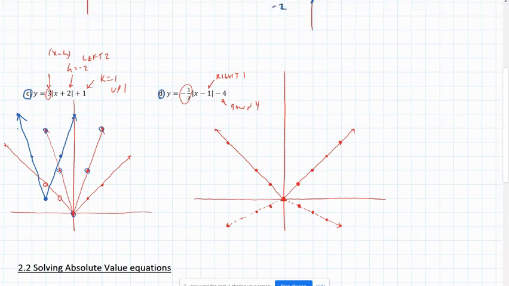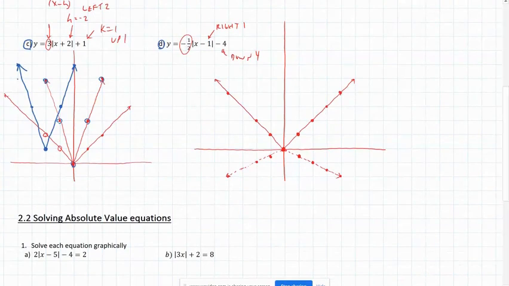So our final graph then, if I move every one of those points right 1 and down 4, this point right 1, down 4, this point right 1, down 4, this point right 1, down 4. Oh, sorry, I didn't move that one. Right 1, down 1, 2, 3, 4. This point, right 1, 1, 2, 3, 4.